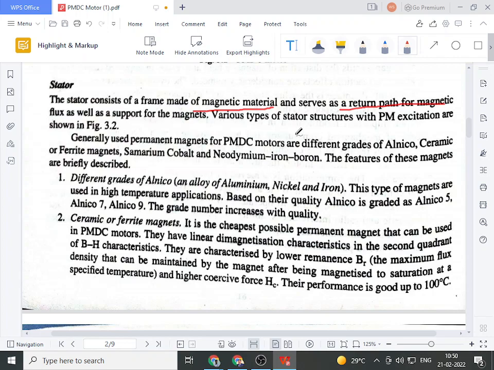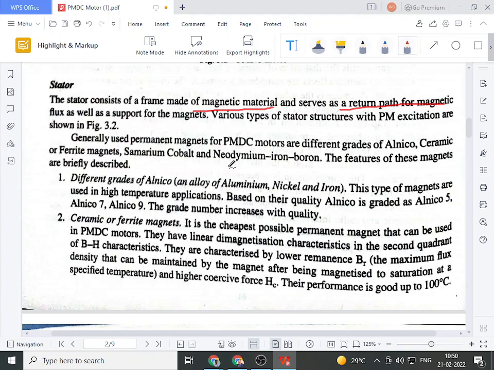Now, depending upon the different permanent magnet materials, there will be various constructions for this stator structure. So what are the different permanent magnets used? The permanent magnets for PMDC motors are different grades of Alnico, then ceramic or ferrite magnets, then samarium cobalt and neodymium iron boron.